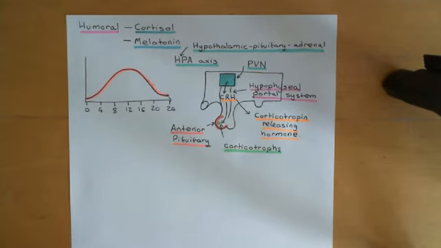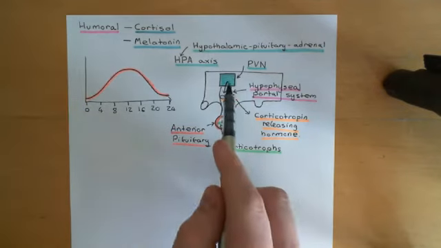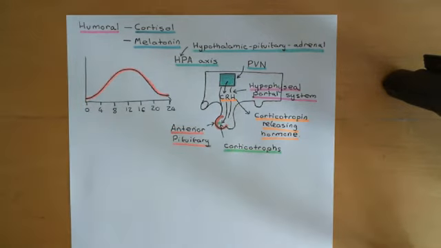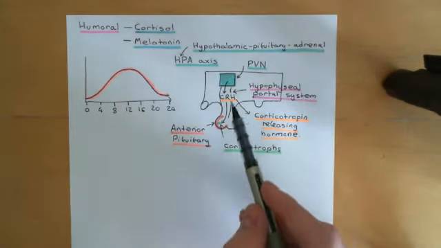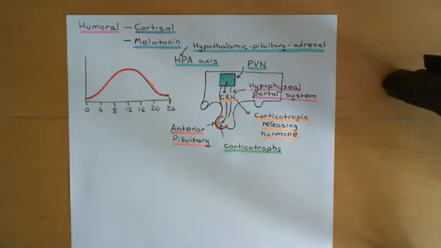paraventricular nuclei. Okay, so this is the message coming from the paraventricular nuclei that tells these special cells of the anterior pituitary to send a signal to the adrenal gland to tell it to release cortisol. Okay, so the paraventricular nuclei send corticotropin releasing hormone down to the corticotrophs in the anterior pituitary.